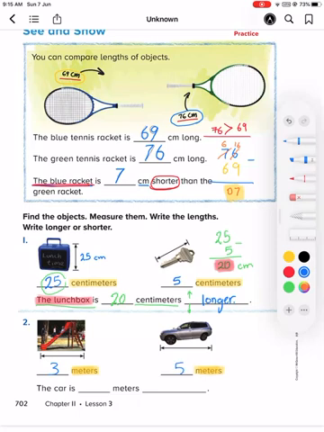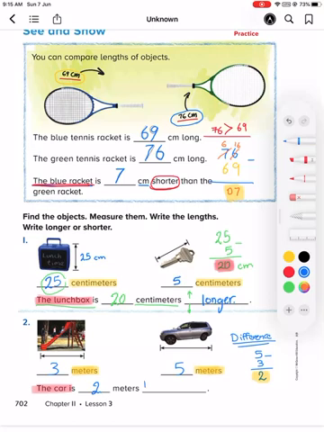Now we want to know the difference. What is the difference? 5 minus 3 equals 2. So the difference is 2 meters. That's great. Now they are asking us about the car. The car is 2 meters.